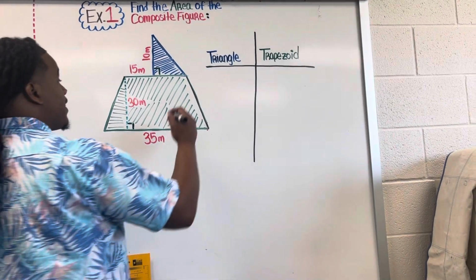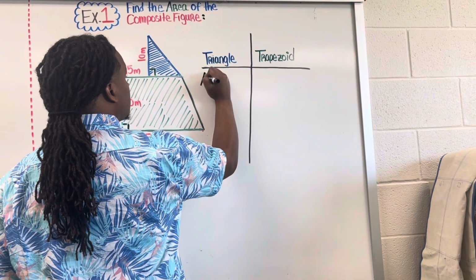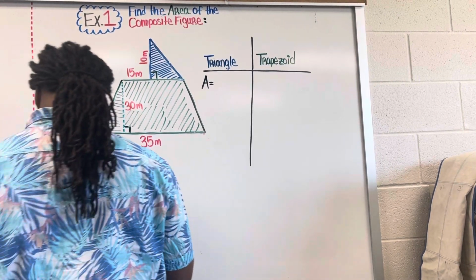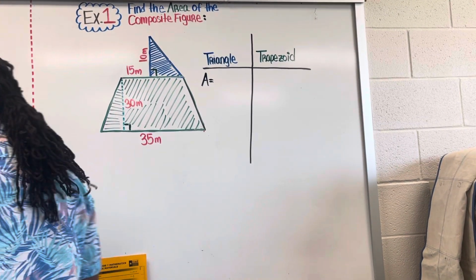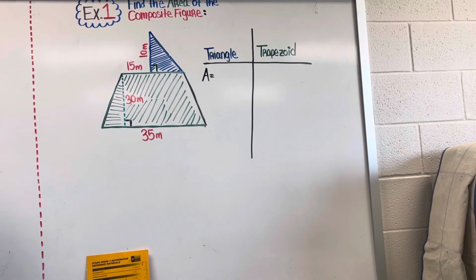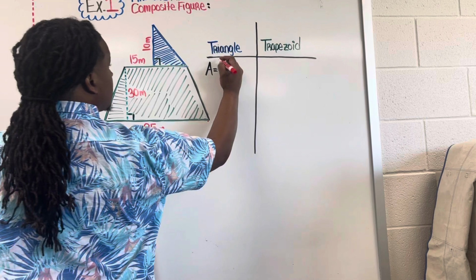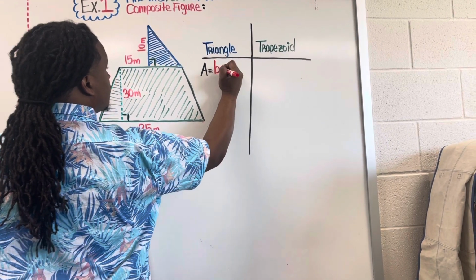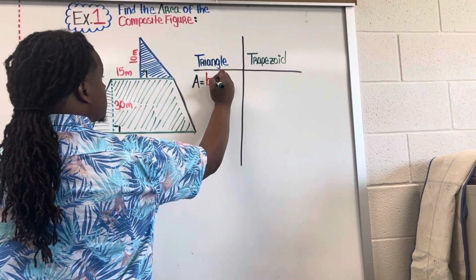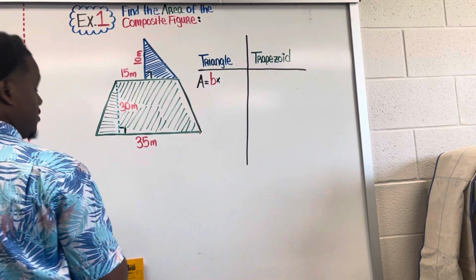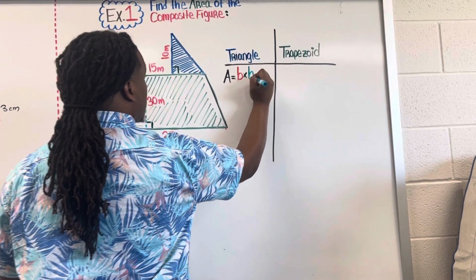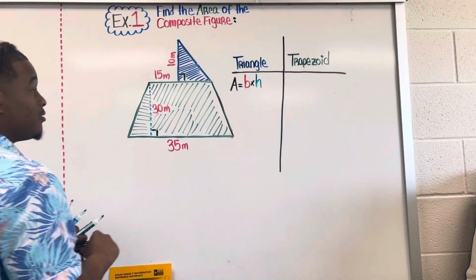So I know for a fact that the area formula of a triangle is the base of the triangle, which is the horizontal side of the triangle, times the height of the triangle, how tall the triangle is, all divided by 2.